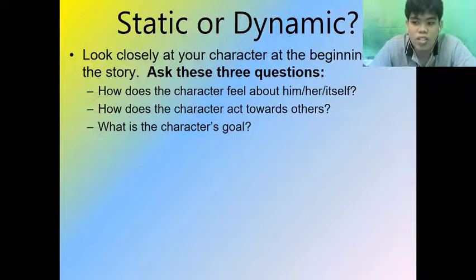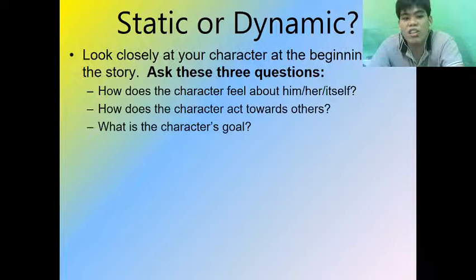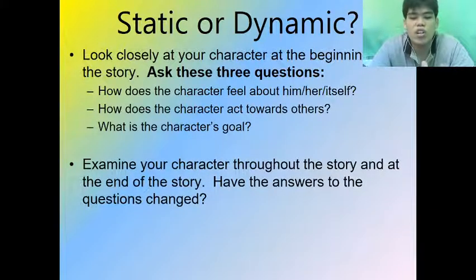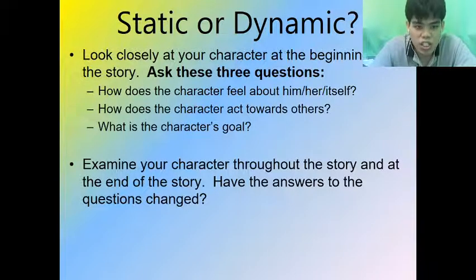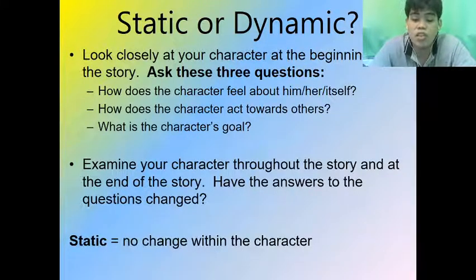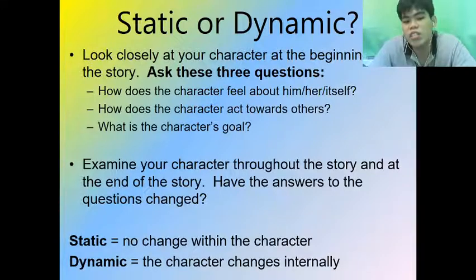So try to ask that in the beginning of the story, then ask it again at the end of the story. If there is a change, then it is a dynamic character. If there are no changes, then it is a static character. So static, no change within the character. Dynamic, the character changes internally.